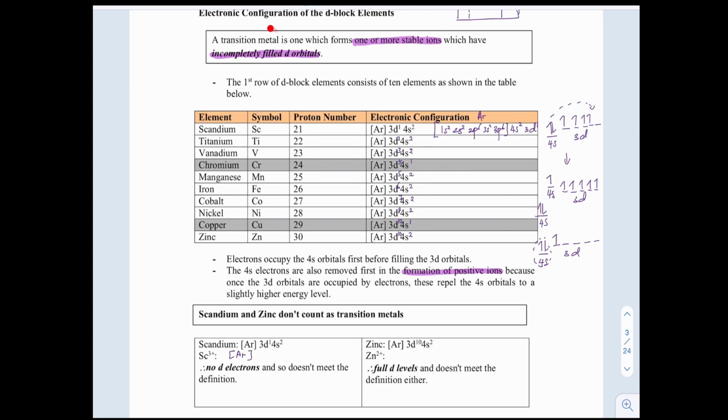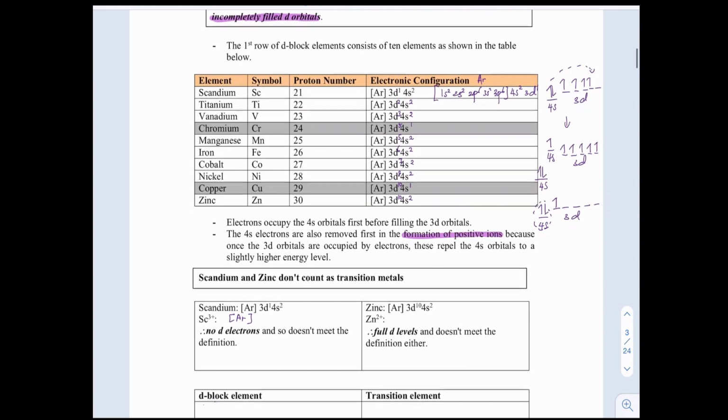But according to the definition, it must have an incompletely filled d orbital. This is the most fundamental condition for it to be a transition metal, but it fails to do so. Therefore it doesn't meet the definition, and so it is not a transition metal.